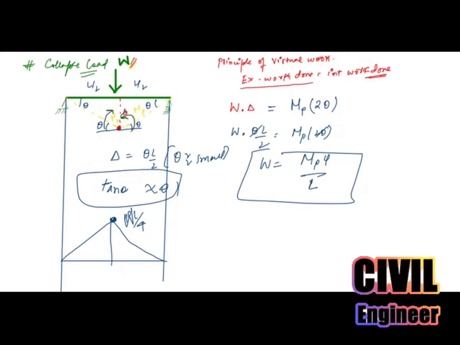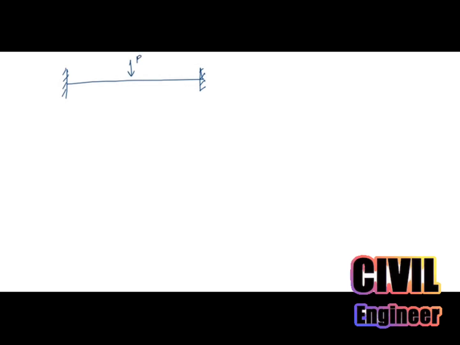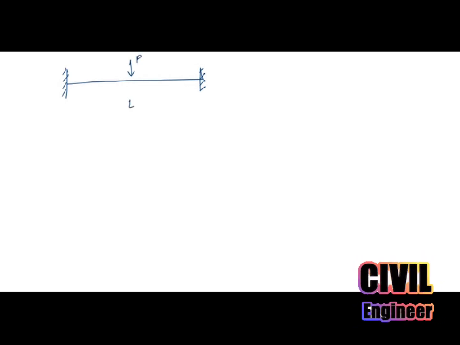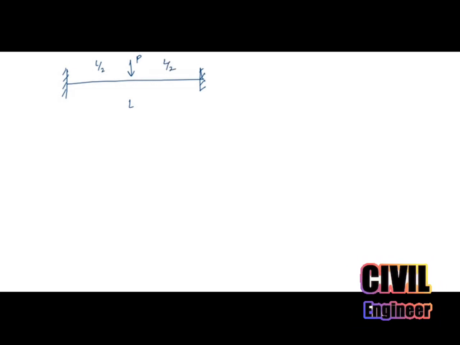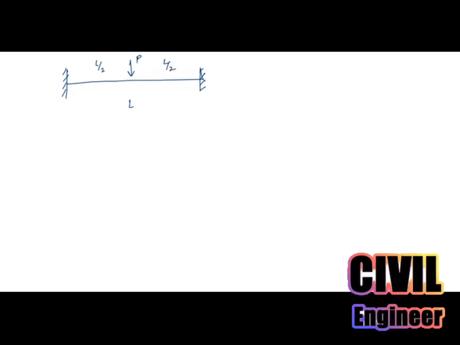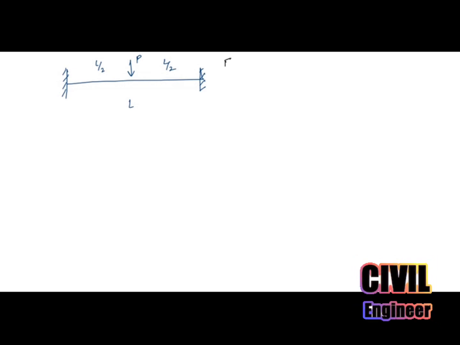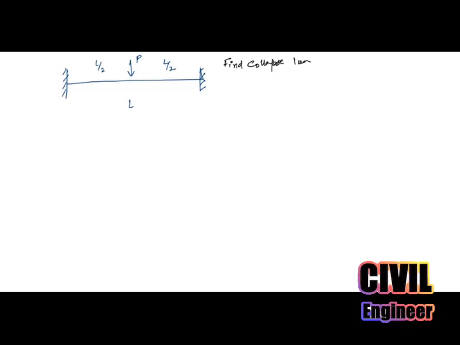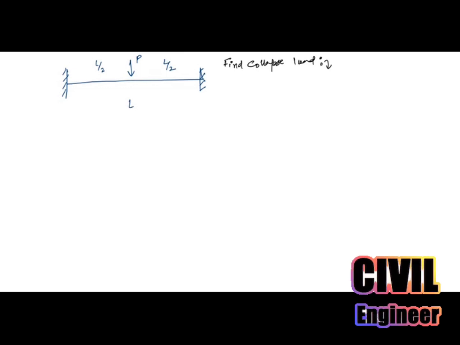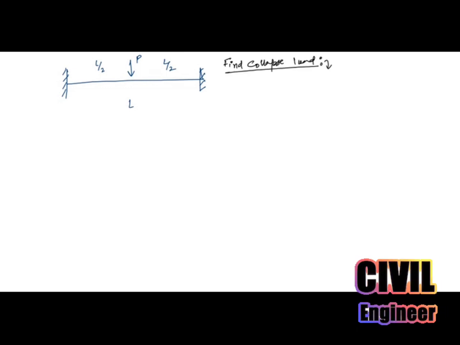Now let's go ahead and have a fixed load P here. Let's suppose we have total length L, this is L by 2 and this is L by 2 here. Now let's find the collapse load.